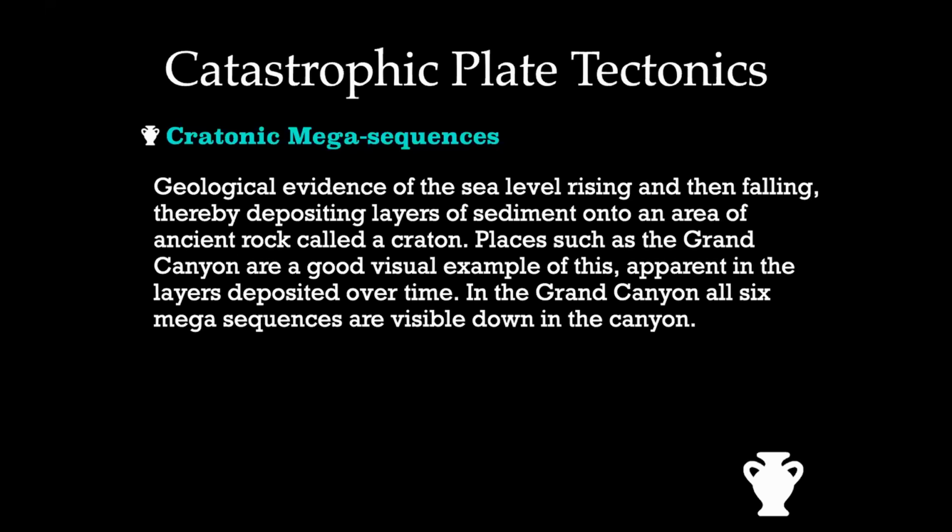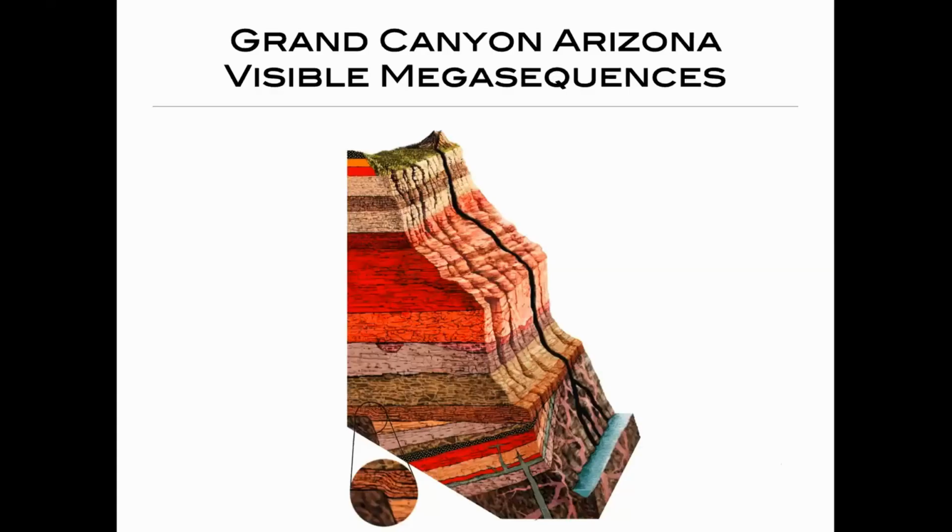In the Grand Canyon, all of the megasequences are visible in the canyon. So basically, if there was a global flood, then you're going to expect to find these major sequences of rock laid across the entire world. And that's exactly what we find in these megasequences.